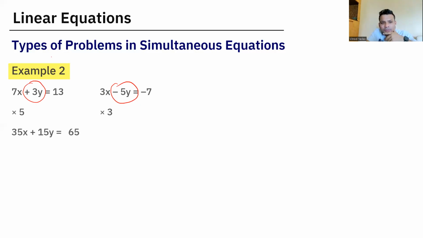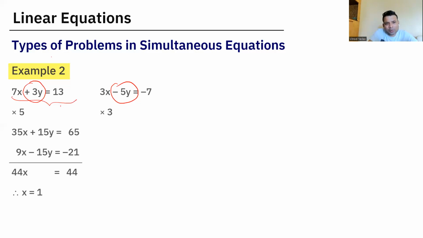So first equation, second equation, after multiplication by 5 and 3 respectively, add them up. So 15y gets cancelled, 44x is 44, x is 1. Substitute in, suppose the first one, 7 into 1, 7 plus 3y is equal to 13. So 3y is equal to 13 minus 7. So 3y is equal to 6. So y will be 2. Correct? Again, what is this? Yes, point of intersection 1, 2.